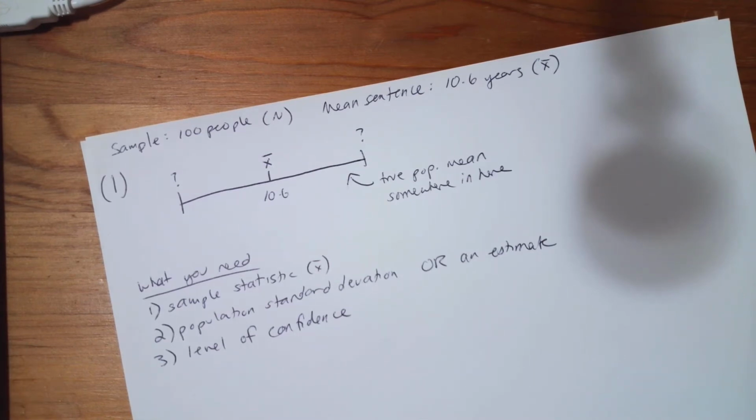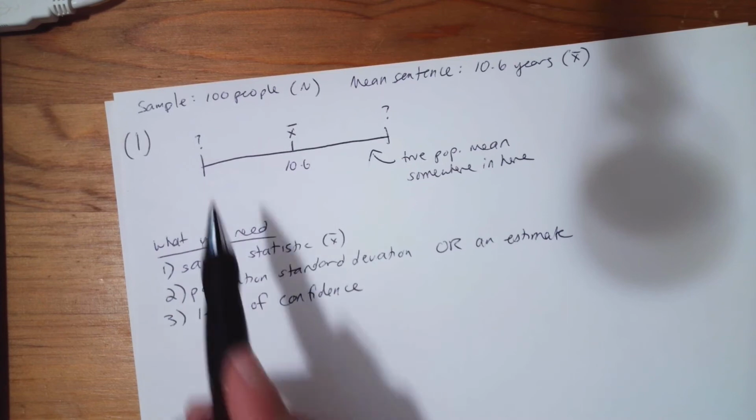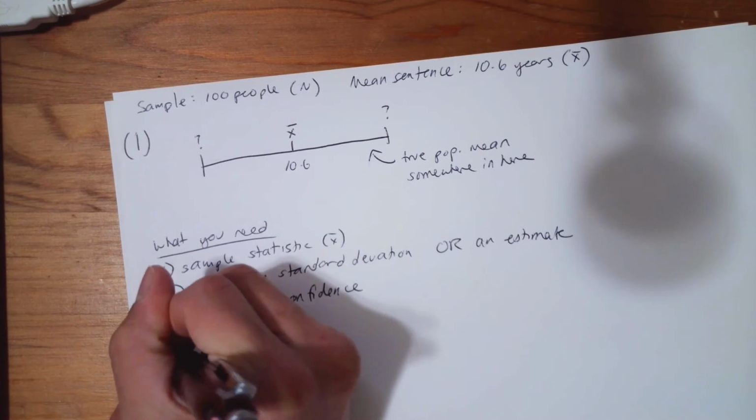And we talked about what your level of confidence is on the last couple of slides. So your level of confidence is just how much certainty you have that this interval around your sample estimate actually includes the true population mean. And for this example, we're going to be looking at a 90% confidence interval.